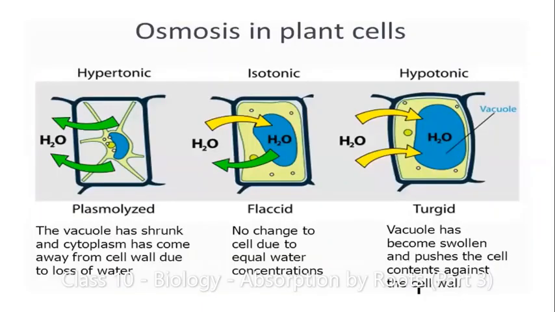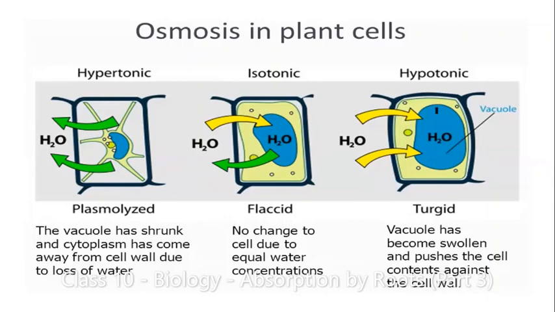So we can see here the picture when we put a cell in a hypertonic solution. So water goes out and all the contents of the cell, they shrink in the middle. That is plasmolysis. And when you put in isotonic solution, entry of water and exit of water is same. So there is no change in the shape of the cell.